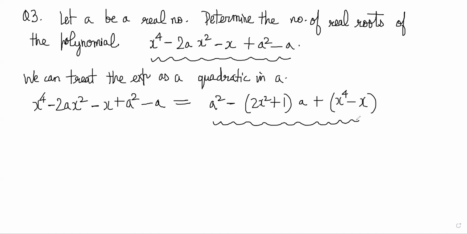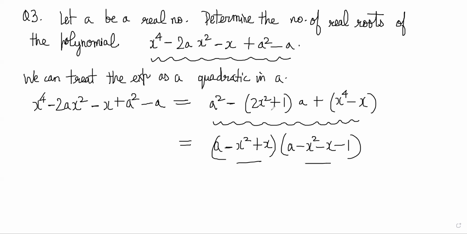I have just rewritten it as a quadratic in a. The benefit of doing that is I can solve this quadratic in a for roots in terms of x, and basically I can factorize it like this: a minus x square plus x and a minus x square minus x minus 1, right?